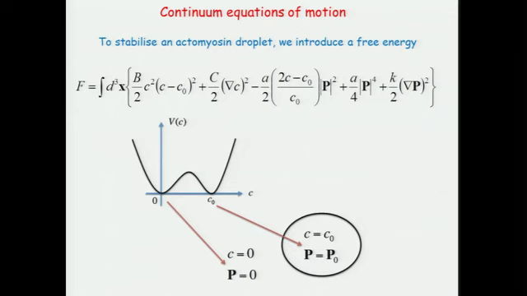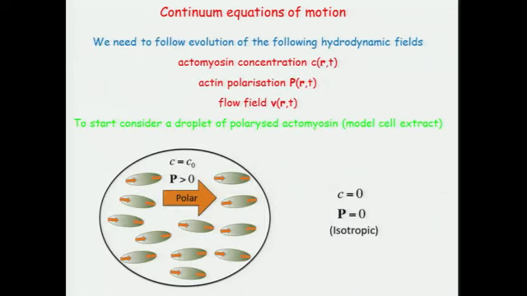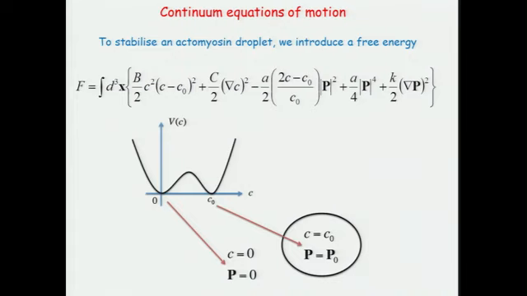I want to tell you a little bit how to make a droplet which has a non-zero c inside and c equal to 0 outside. We can do that by introducing a free energy. We introduce a potential which has two minima, one at c equal to 0 and one at non-zero c0.